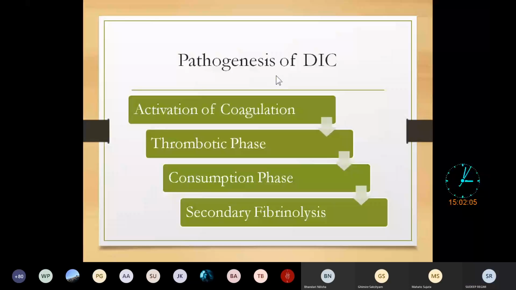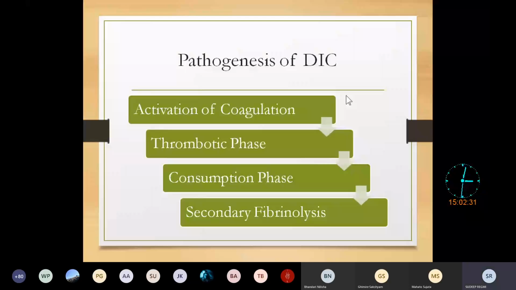So, in a nutshell, you should just remember that in pathogenesis of DIC, whatever is the cause, initially there should be activation of the coagulation by either a release of the procoagulant or activation of the endothelial cell or injury to the endothelial cell.